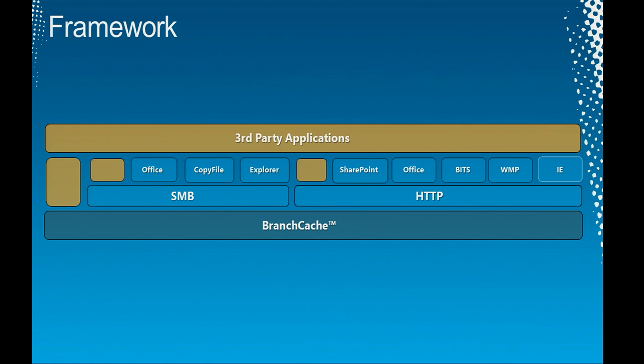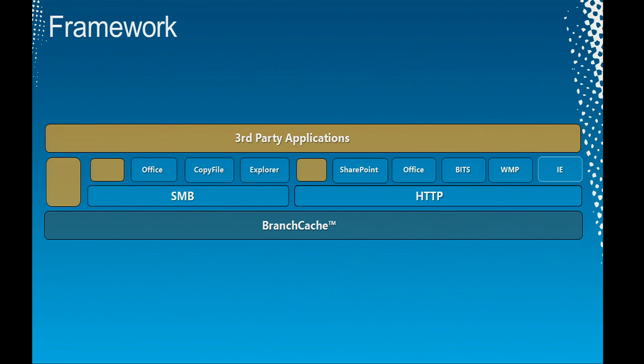So BranchCache ties into two protocols, SMB and HTTP. Those two protocols tie into applications: Office, file copy, and Explorer in the case of SMB, or SharePoint, BITS, WSUS, and SCCM tie into HTTP. And guess what? Since those applications tie into these protocols, which BranchCache supports, those applications are automatically now BranchCache enabled.